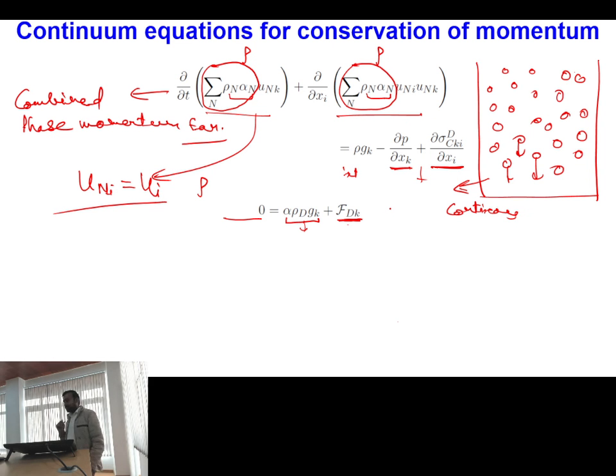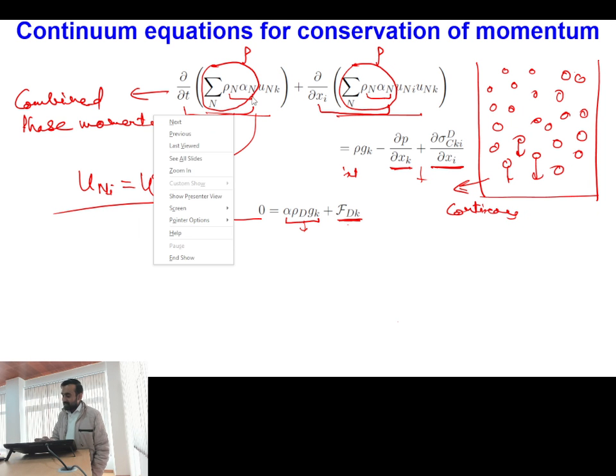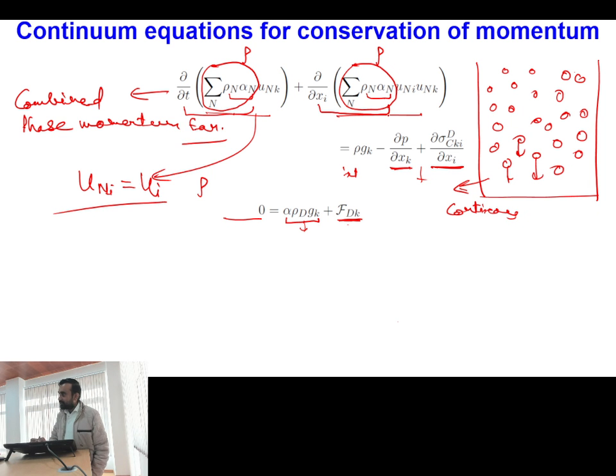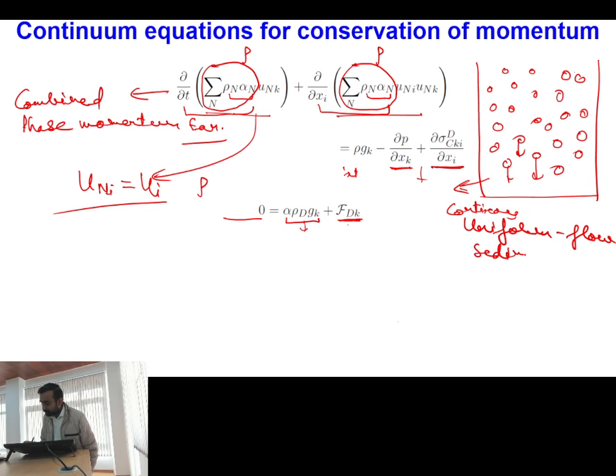Not clear? Okay. How will it be zero? What does this term represent? This is local acceleration. This is convective acceleration. If I take the assumption that I am having uniform flow sedimentation, it means that these solid particles are falling at the constant velocity.